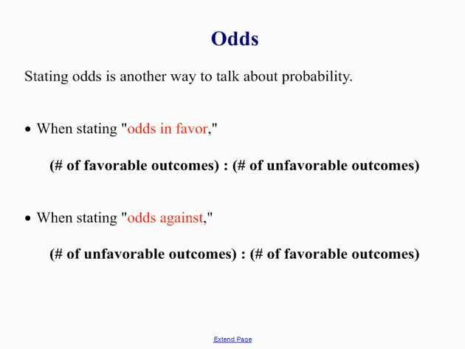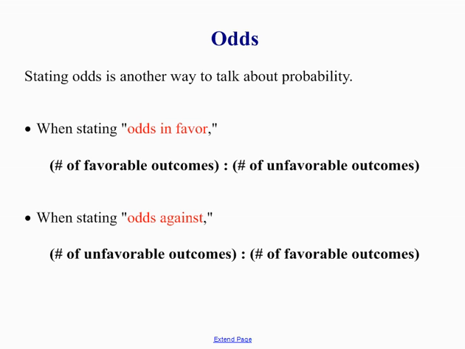All right, next we're going to talk about odds. Odds are another way to talk about probability. When stating odds in favor, you take the number of favorable outcomes to the number of unfavorable outcomes.